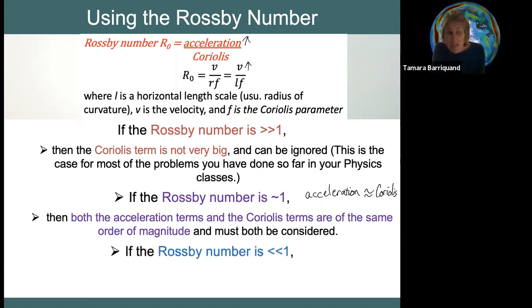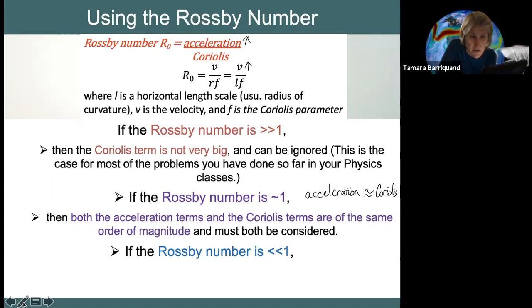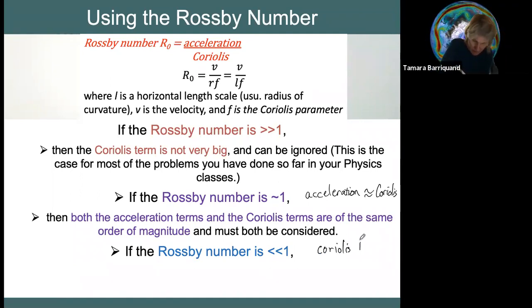Now, if the Rossby number is much less than 1, that means that the denominator is the bigger term. So in that case, Coriolis is bigger than our acceleration terms.